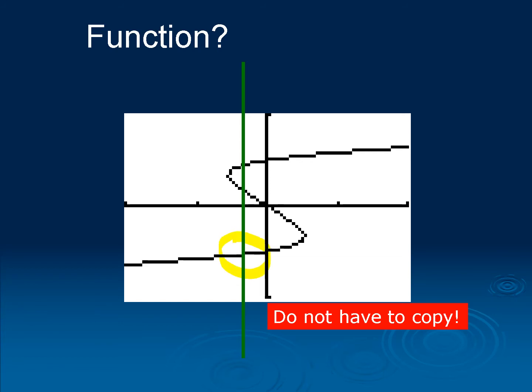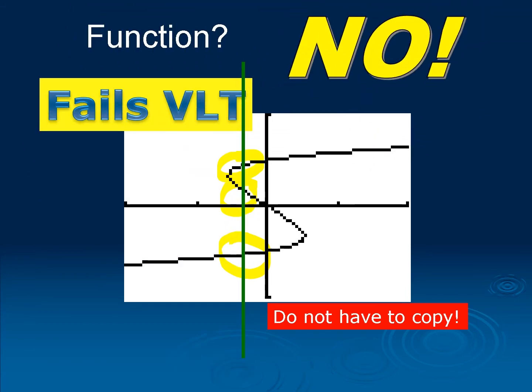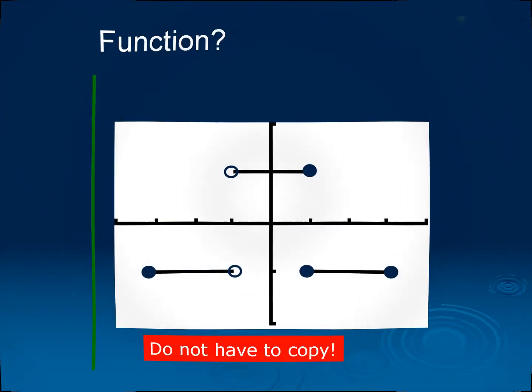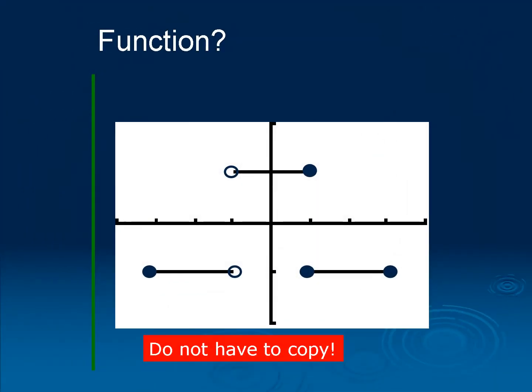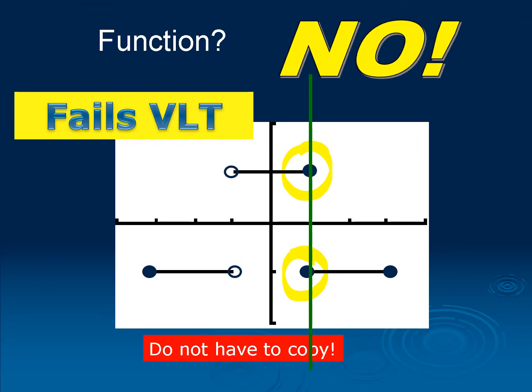Look what happened here. It touched 1, 2, 3 different places. So therefore, that is not a function because it failed the vertical line test. How about this guy? Again, it touched our graph in 2 different places. So no, because it failed the vertical line test.